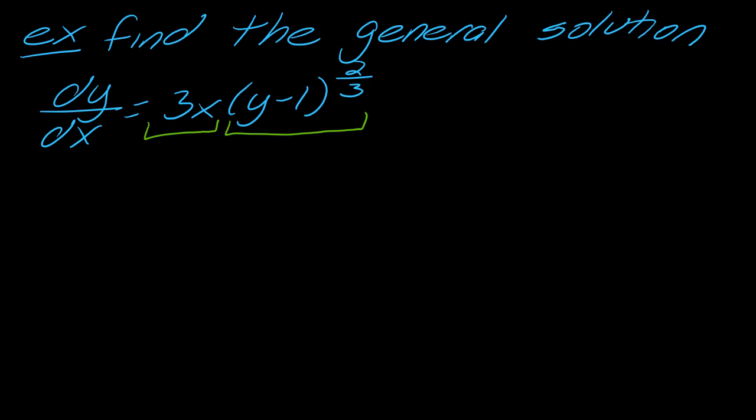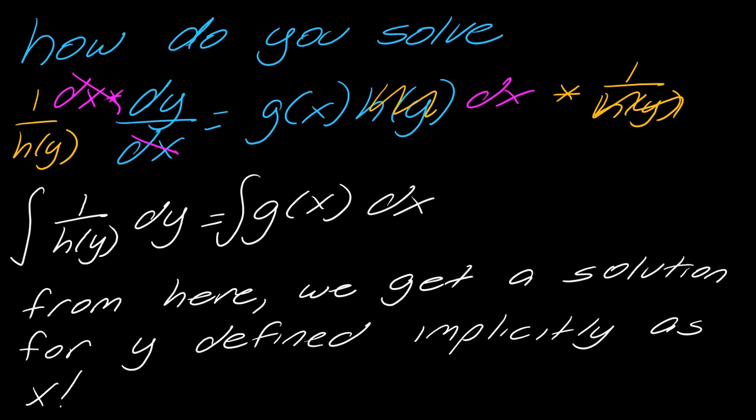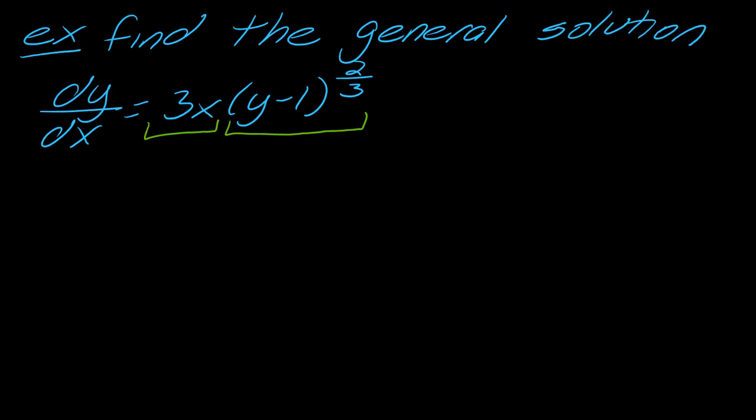So basically what we're going to do is very similar to what I just showed you in this more theoretical example. We're going to divide out by the y part of the function, and then we're going to bring the dx over to the other side. So this side is going to become 1 over y minus 1 to the 2/3.